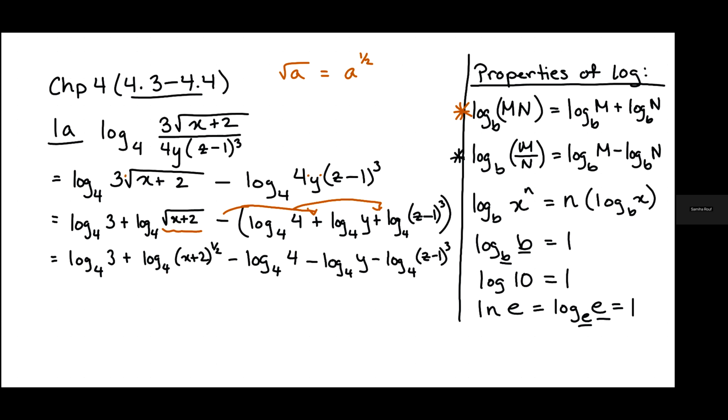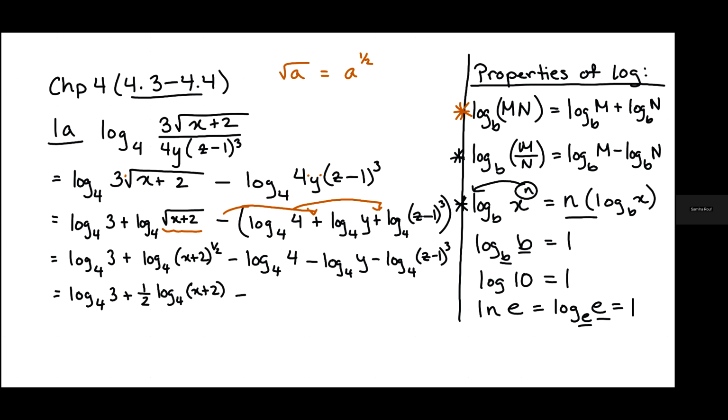Okay. Finally, let's use this property that allows us to take the powers and move them forward. So we can apply that to this term right here, moving this power forward. We get half log 4 of x plus 2.